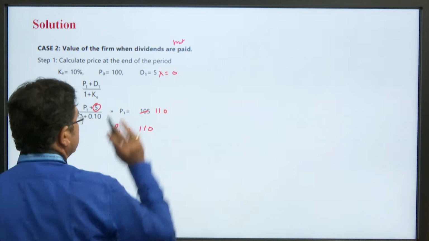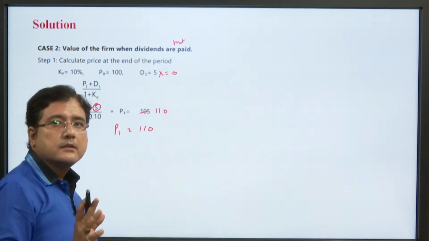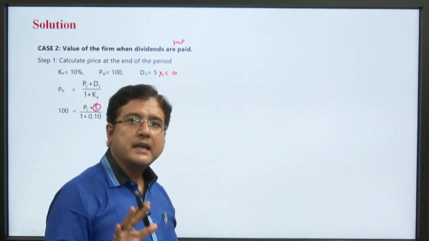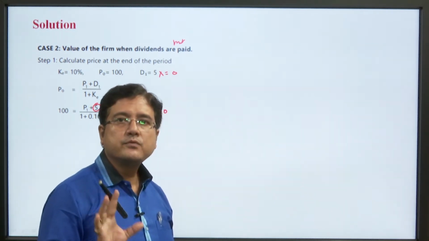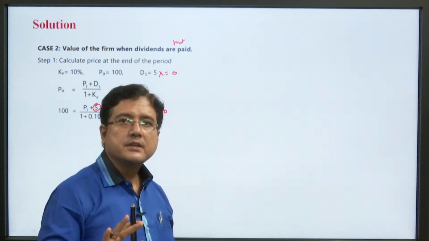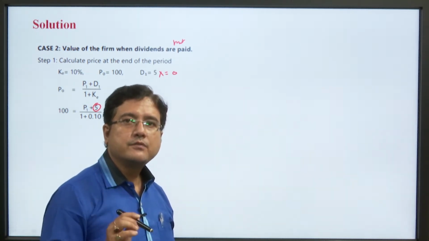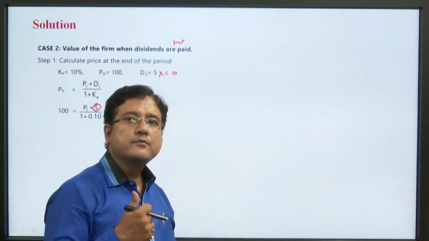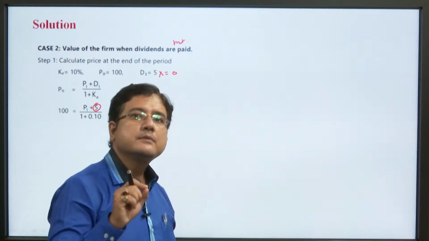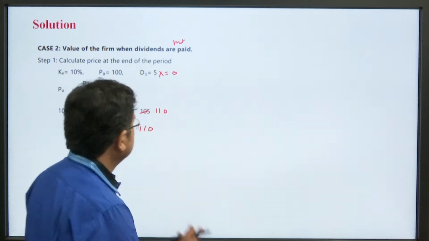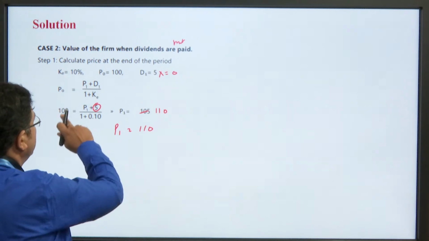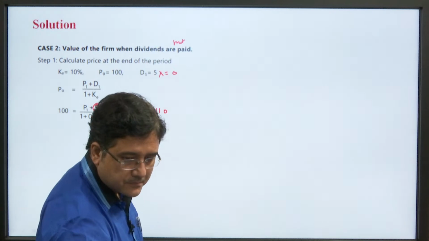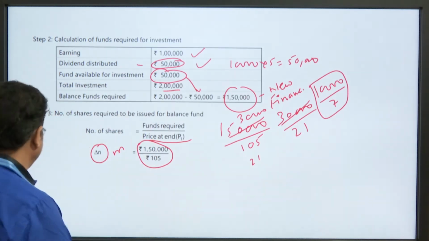I am just repeating the previous video to make you clearly understand how the hypothesis proves that there is no change in the value of the firm, whether they paid or not. I just proved it when dividend is paid. Now if dividend is not paid, then D1 equals 0 and P1 equals 110. Similarly, the same happens here.